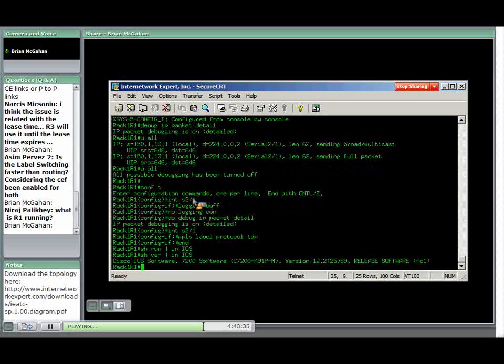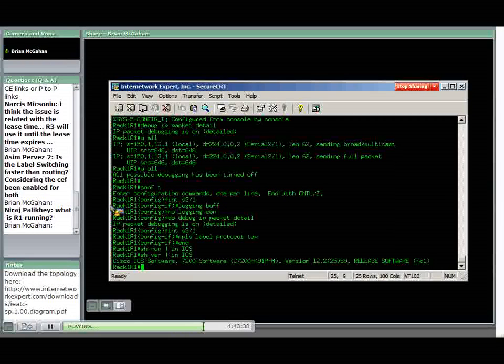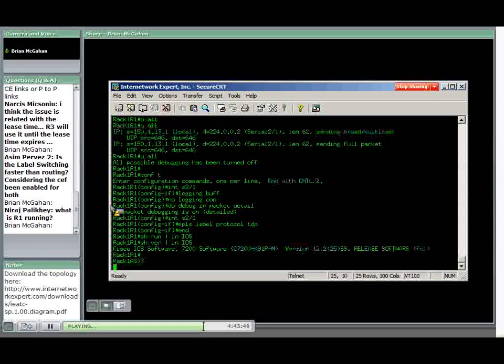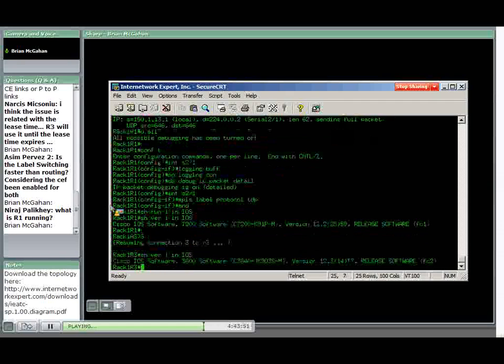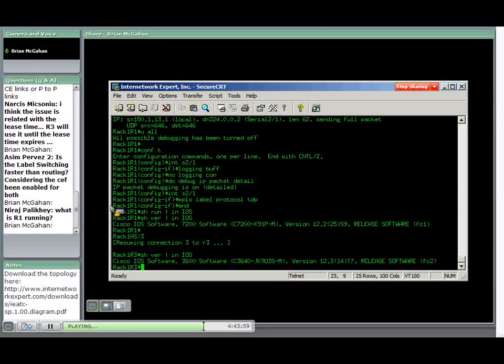And actually, before we do this, let's go ahead and say logging buffered, no logging console, and we'll debug IP packet detail. The IP packet detail output is going to show us what's going on in the relationship between these two neighbors. Okay, so if we go to interface serial 2/1 and say MPLS label protocol TDP.